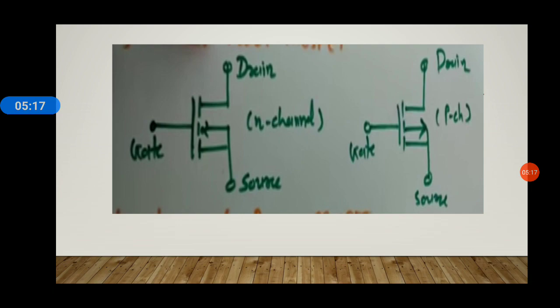And it has three terminals, the gate, drain and the source. And as mentioned previously in case of power BJTs, N-channel power MOSFETs are usually preferred because electrons have higher mobility in comparison to holes.